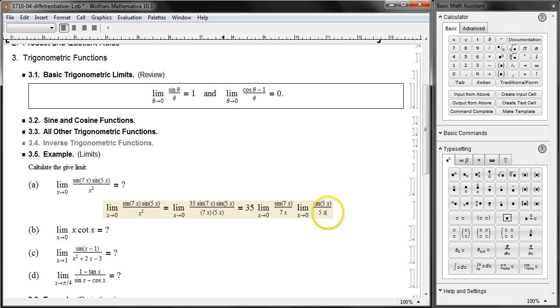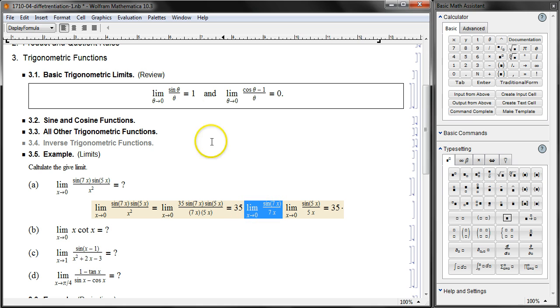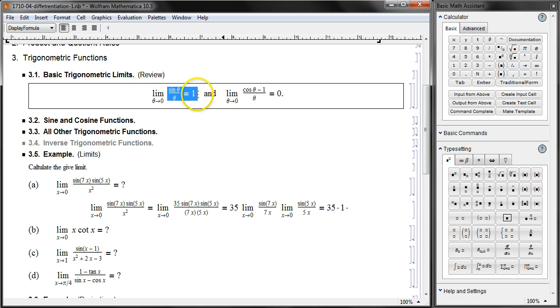What's this limit? 35. That was there before, so this 35 times, what's this limit? It's 1. And how about this limit? It's 1.